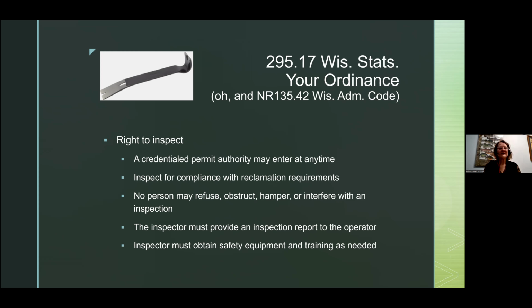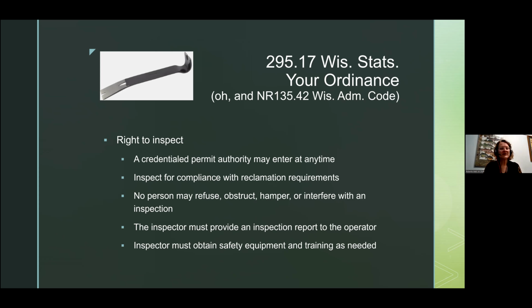So what does it have to say about right to inspect? Well, it does have to be a credentialed person within the county or local municipality, and pretty much that credential can be like a county issued ID badge. My access into my building here is my ID badge, and that is my state credentials.